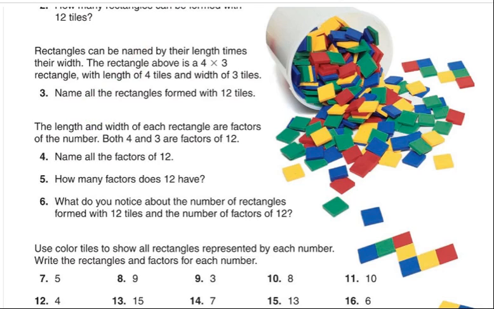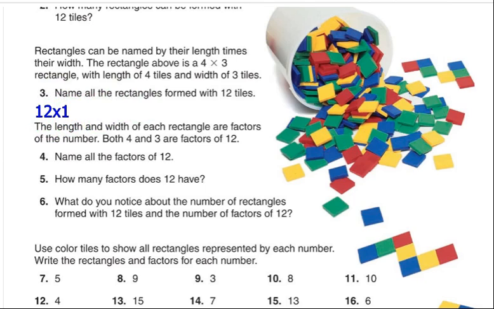In all of them I will use 12 tiles but with 3 different shapes. The first shape will be 12 times 1. Okay, this is the first shape. So the name of the rectangle will be 12 times 1 rectangle.